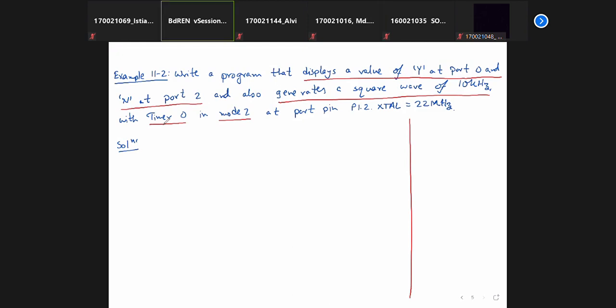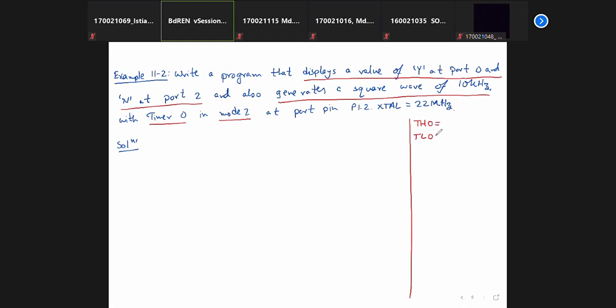Can you recall the names? TL0 and TH0. Exactly, very good. So the 2 registers are TH0 and TL0. So these are the 2 8-bit registers which are allocated for timer 0.